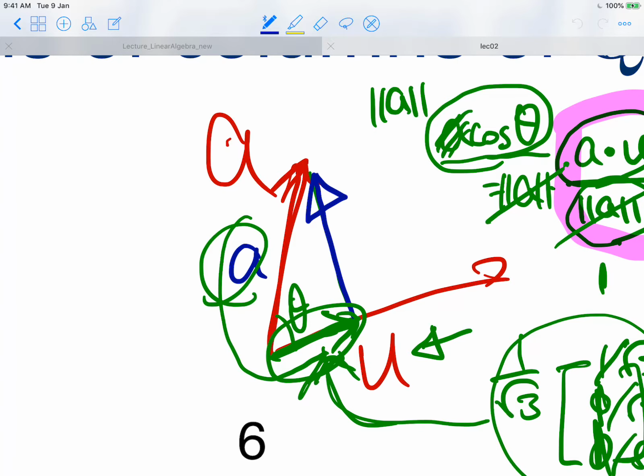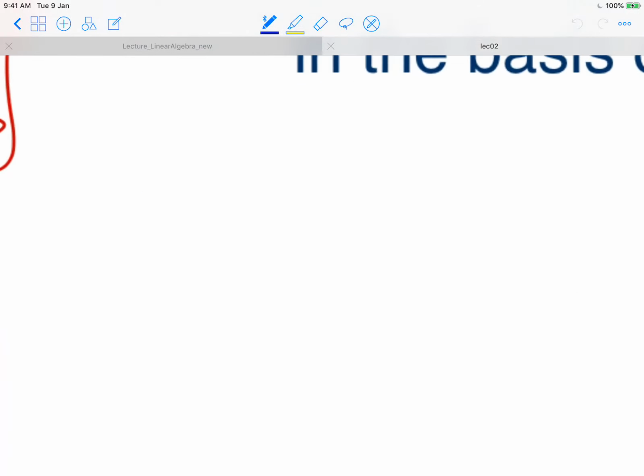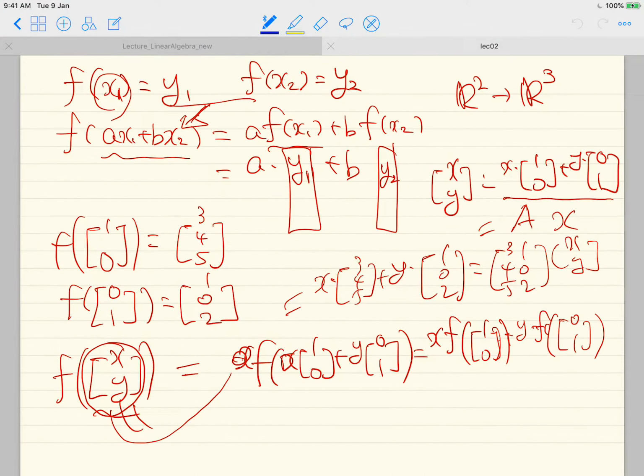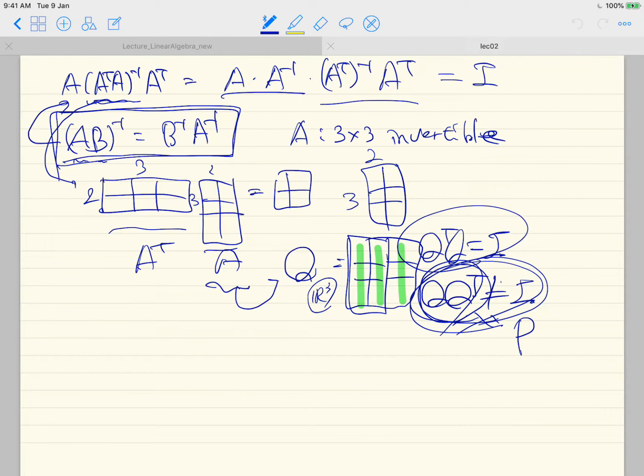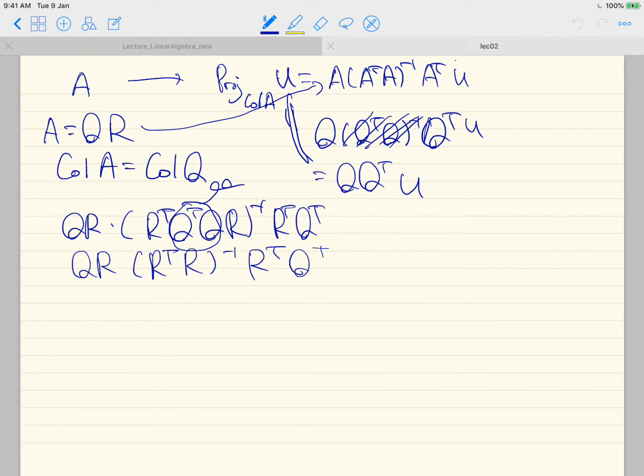So at a high level, you can think of this Gram-Schmidt process and the reconstruction of A equals QR in this form. Even though QR decomposition is defined for a matrix that has linearly independent vectors, we have no problem continuing our Gram-Schmidt process for a matrix that has linearly dependent columns.